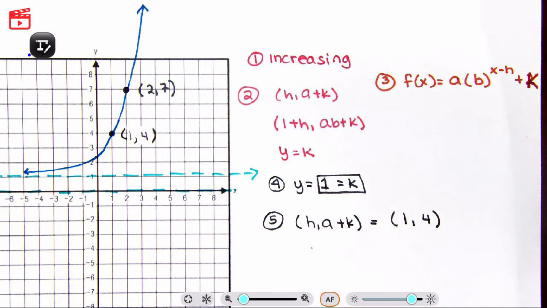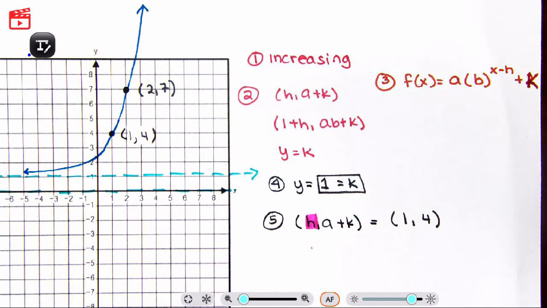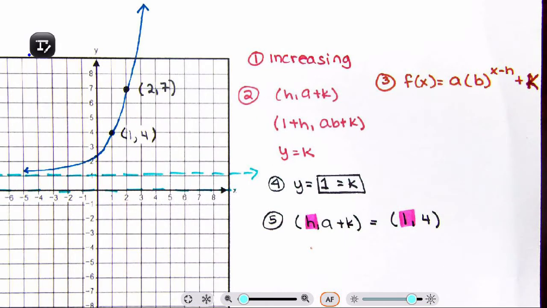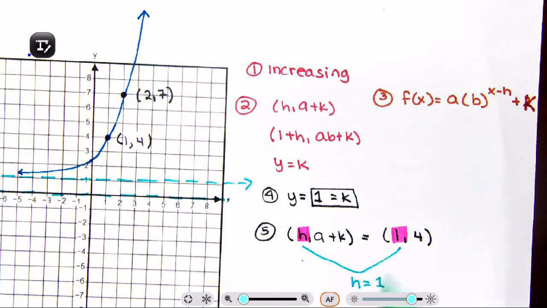This is where it's kind of cool and magic starts to happen. Notice how I have an h in front, and notice how I have a 1 in front. That means that h is 1. And now let's do the same thing for the other one. I have an a plus k and 4. So that means that a plus k is 4.